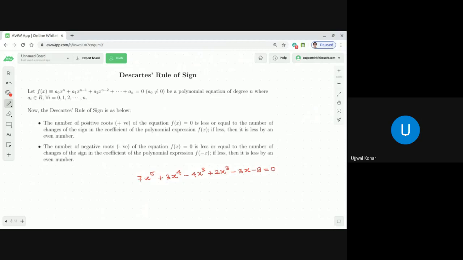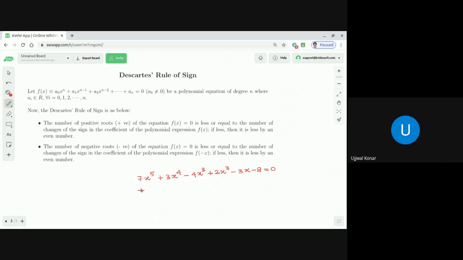Descartes' rule of signs is going to help you find how many positive roots it can have at maximum. Means by applying the rule, we can say what is the maximum number of positive roots this equation is having. How to find it out? Let's see the coefficient signs. Sign of 7 is what? Plus.